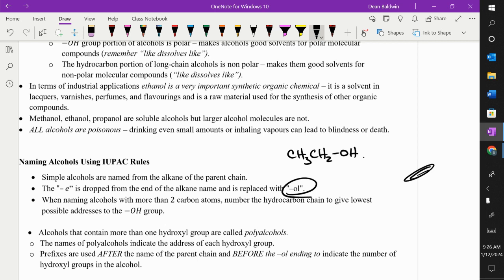How many carbons do we have? 2. So it'd be ethane, right? You change it to OL. So this is called ethanol. Or ethyl alcohol is also what it's called.